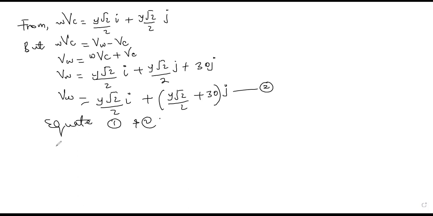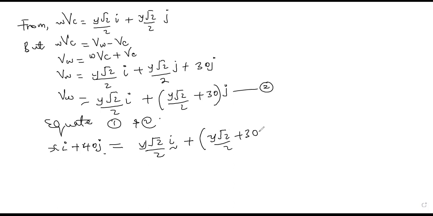So from equation 1, which was xi plus 40j, is equal to y √2/2 i plus y √2/2 plus 30 j.